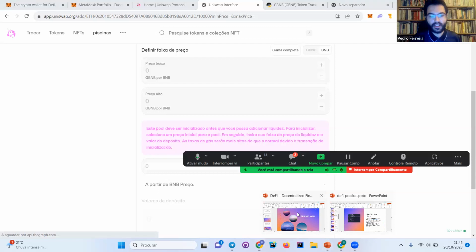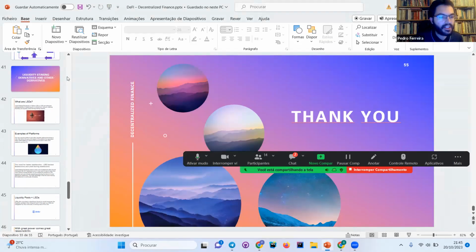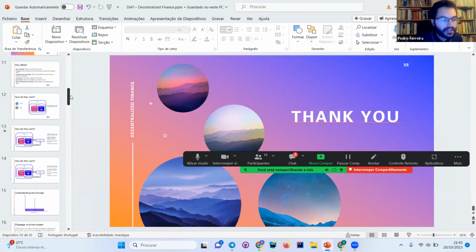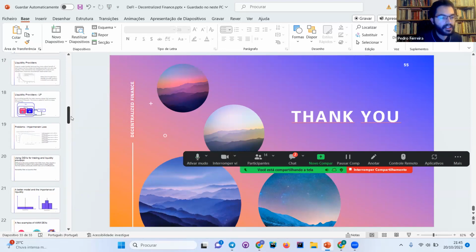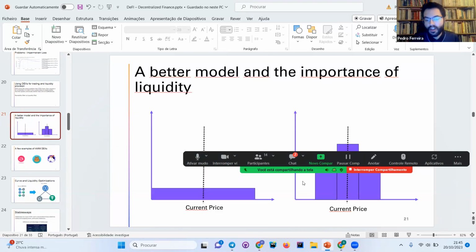If you remember in this slide, in this third option, you define the current price. The current price is here, but you place liquidity between here and here, and that is what we are doing. We are placing the lowest price of liquidity that we are protecting and the highest price that we are protecting.